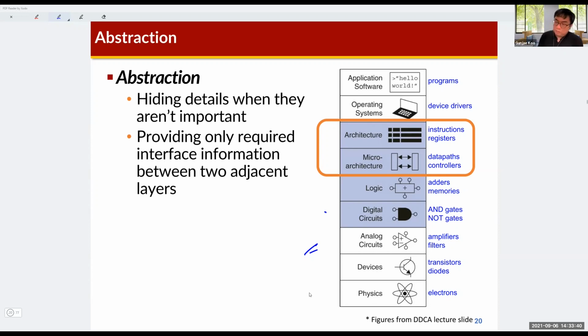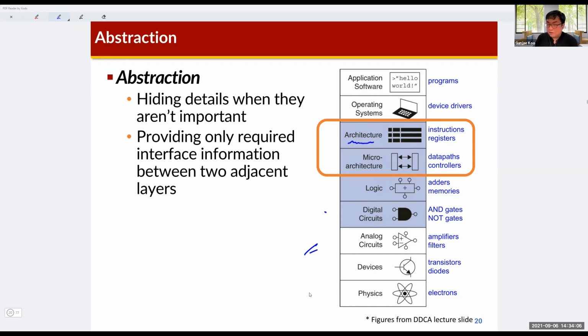But inside of the computer systems, there are many layers, and each layer is also a complex system. It's not easy to understand the detail of each layer. So for this course, we just focus on the architecture layer, like this layer.